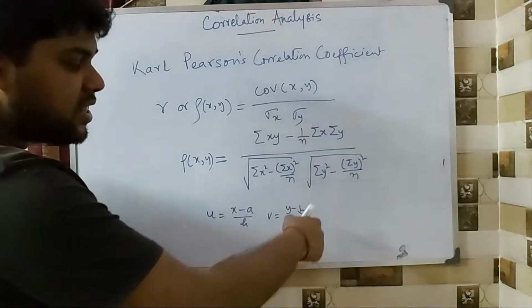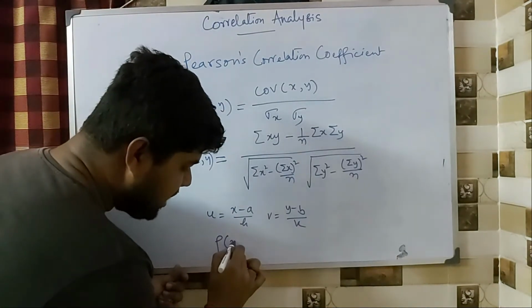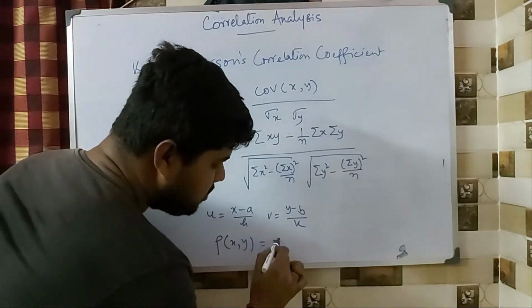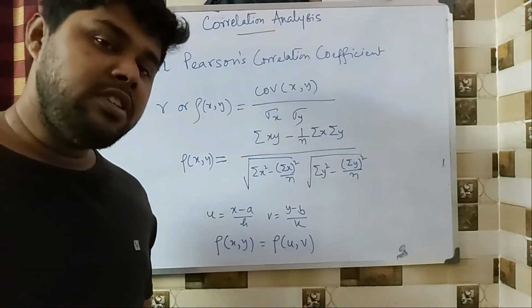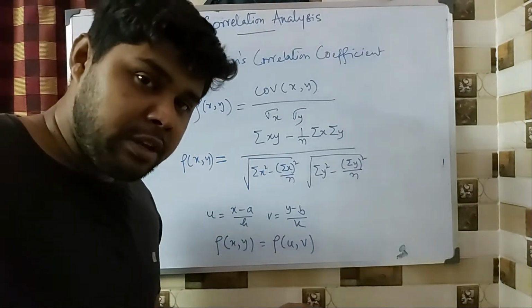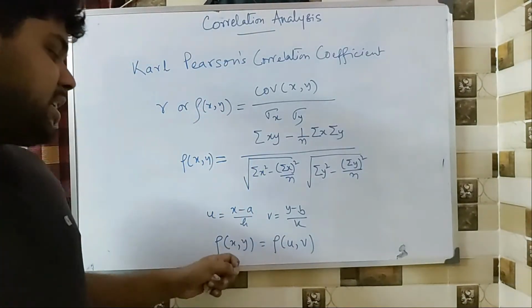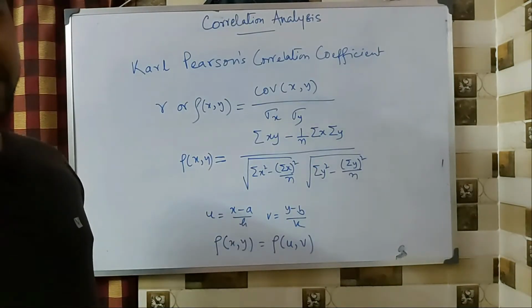So even after changing the scale, rho xy will be equal to rho uv. After changing the variables, whatever correlation coefficient you get with the new variables is the same as the correlation coefficient for the actual variables.